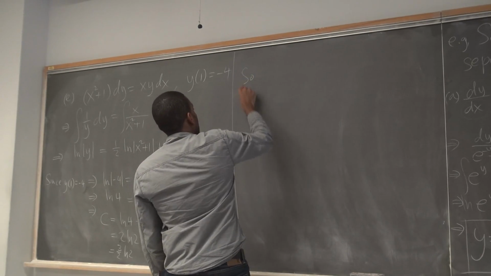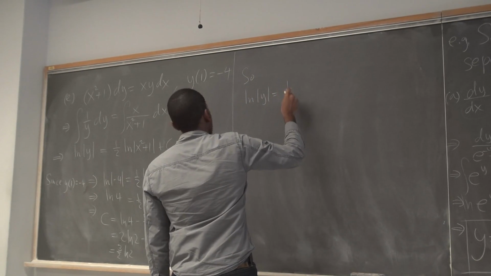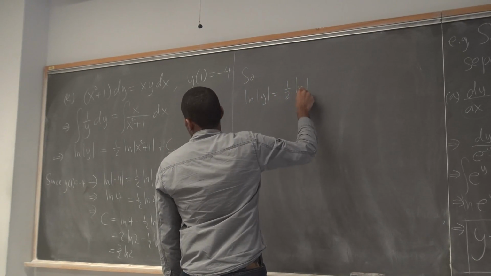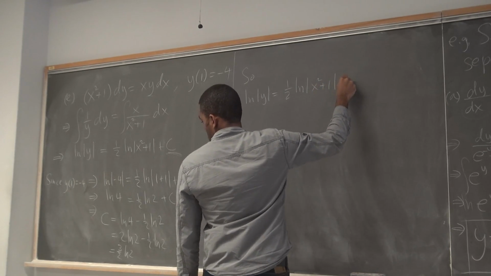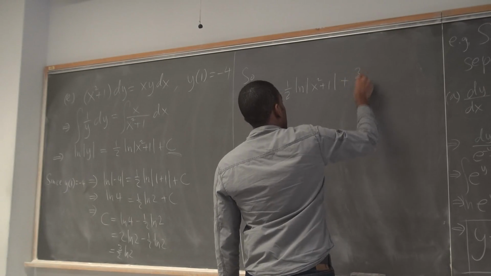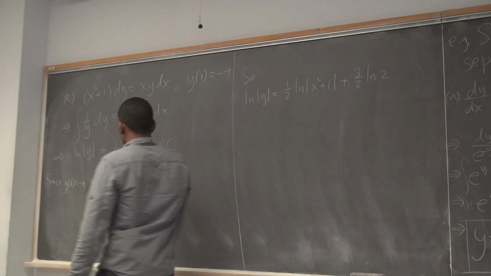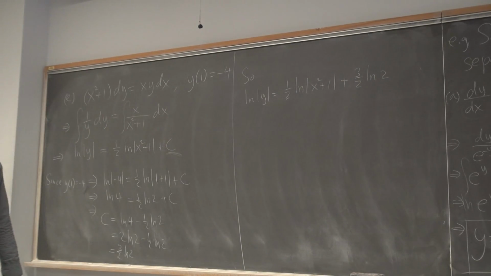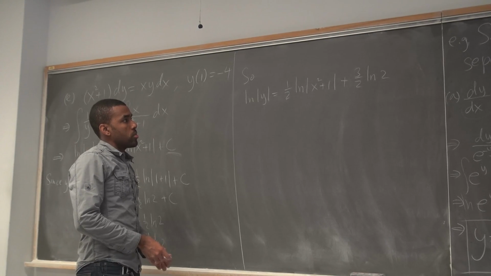So ln y is equal to 1/2 ln of x squared plus 1 plus 3 over 2 ln 2. Right, so do you see a way to solve for y?